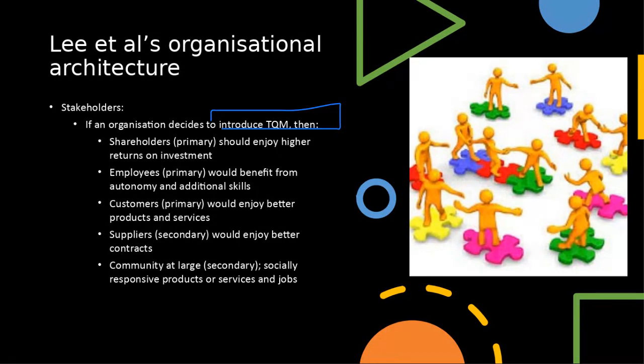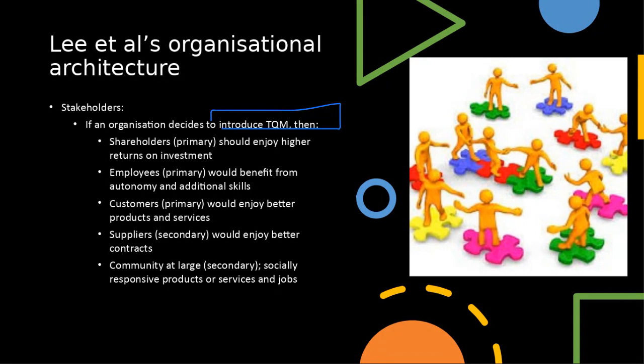From a shareholder perspective, it should give you a higher return on investment, because with TQM, where we make people responsible for their own quality, where everyone has a customer, where it's your duty to impress that customer, the knock-on effect is that you should have a greater return on investment because of the efficiencies and the fact that you're not going to rework and your customers are impressed by whatever the products are that we create.